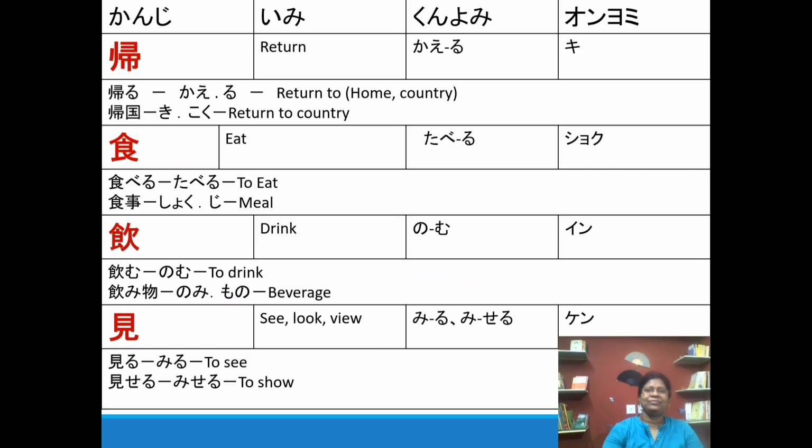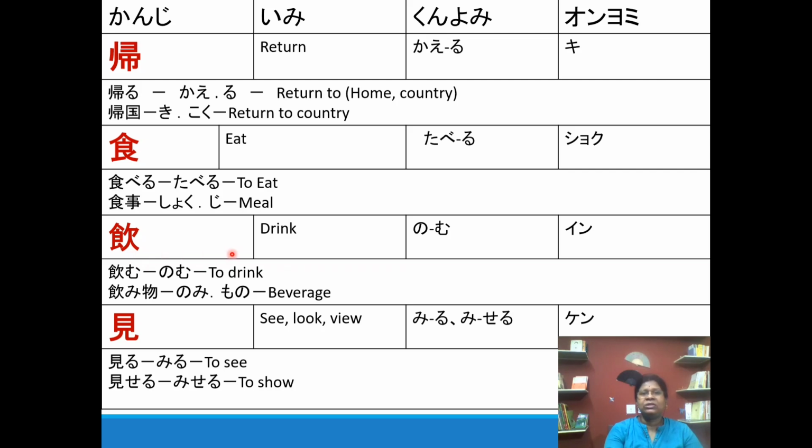Next, kanji time. Meaning of this kanji: return. Kunyomi kaeru, onyomi ki. Kaeru, return to home or country. Kikoku, return to country. Meaning of this kanji: eat. Kunyomi taberu, onyomi shoku. Taberu, to eat, shokuji, meal.